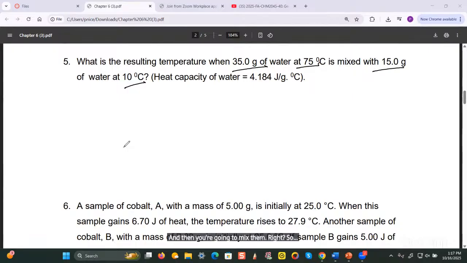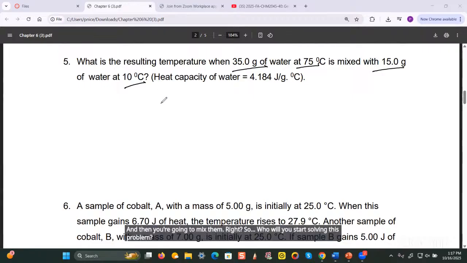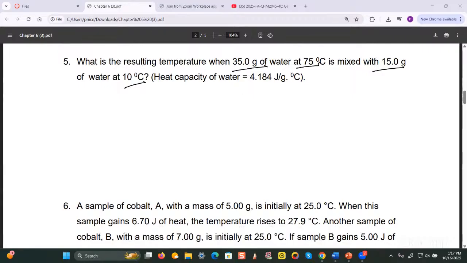So how would you start off solving this problem? How about you guys out there in Zoom? Any ideas?